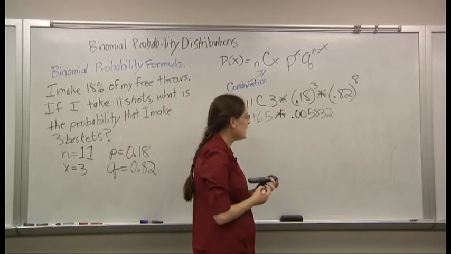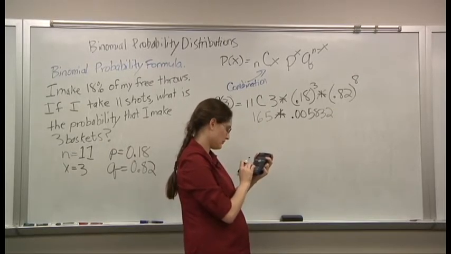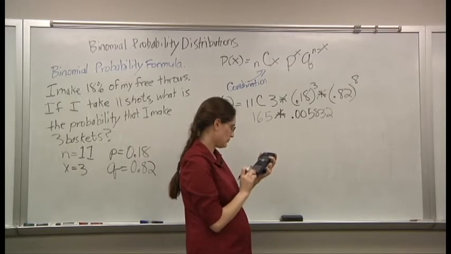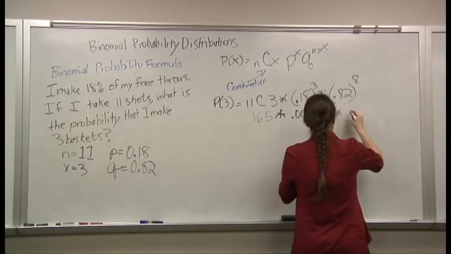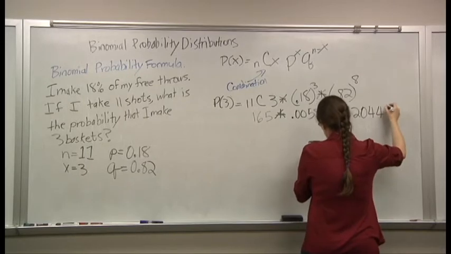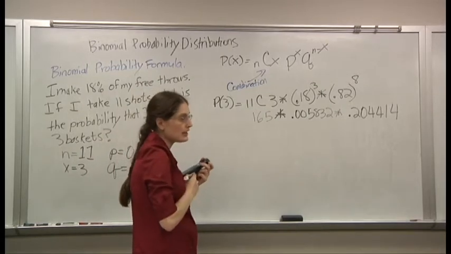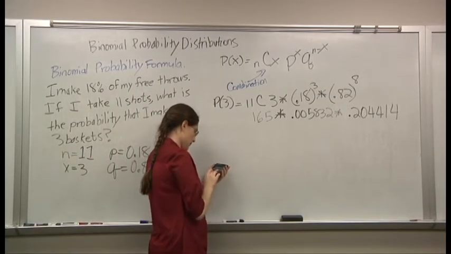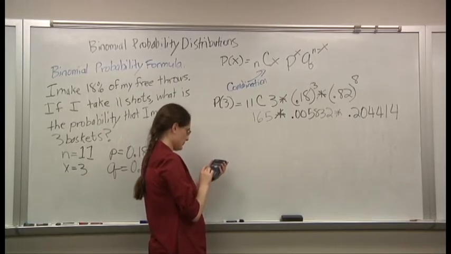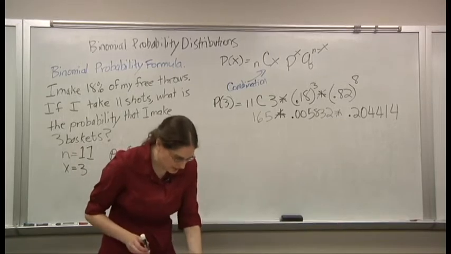Keep as many decimal places as you possibly can. So multiply it all together. Let's see what we get. 0.1967.